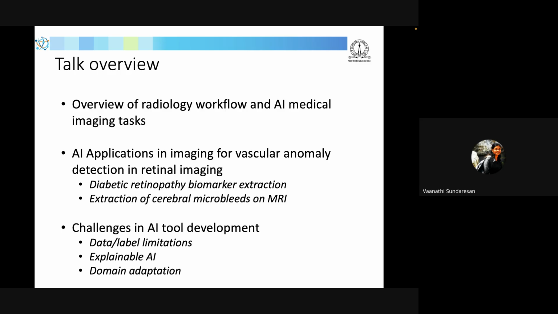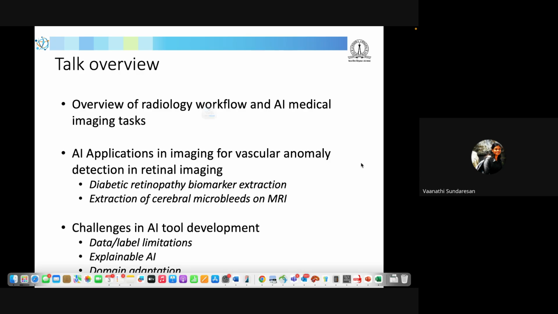First, I'm going to give an overview of how the radiology workflow works, and then a very broad level overview of medical imaging tasks using AI. Then I'll move on to AI applications in imaging, mainly vascular anomaly detection, just to give you an example of how we do detections in medical images, as you can think of these as use cases. And then finally, we will look at the challenges in AI tool development.